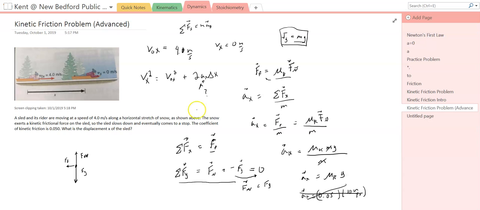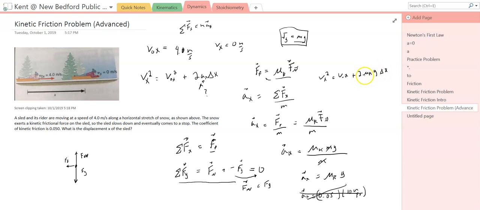So I'm going to flip back and forth on the pages because I'm running out of room, I think. No, I might be able to write it here. So Vx squared is equal to V naught x squared plus 2a delta x. And a, we just said, is mu k g, the coefficient of kinetic friction times g. So mu k g times delta x.